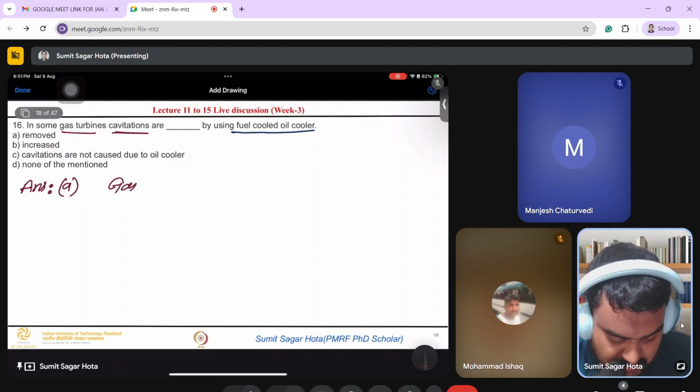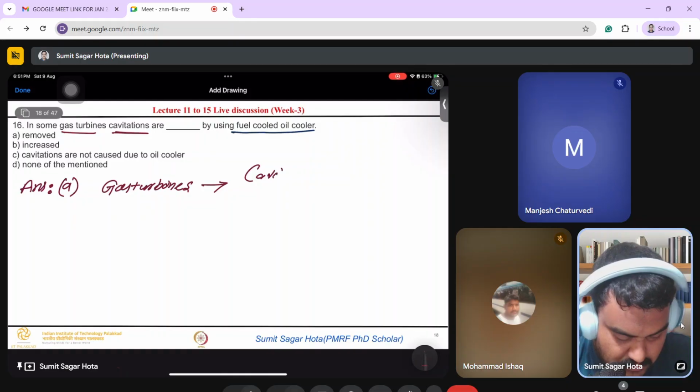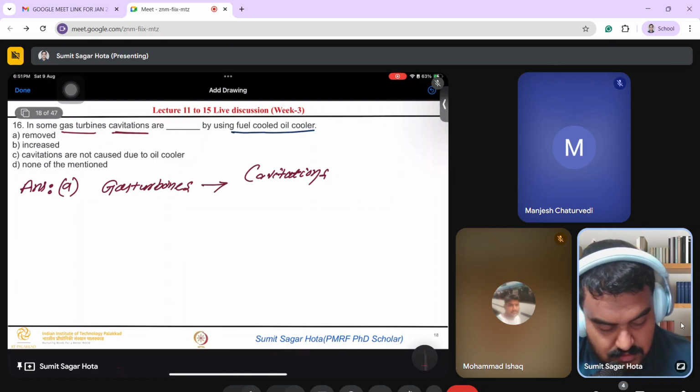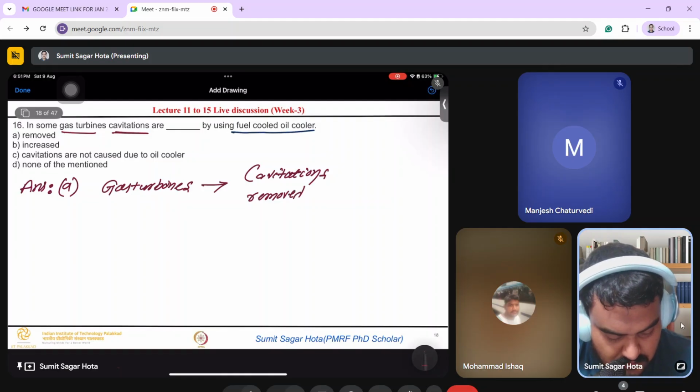Still, we'll see the reason why it's there. Cavitation is required to be removed.